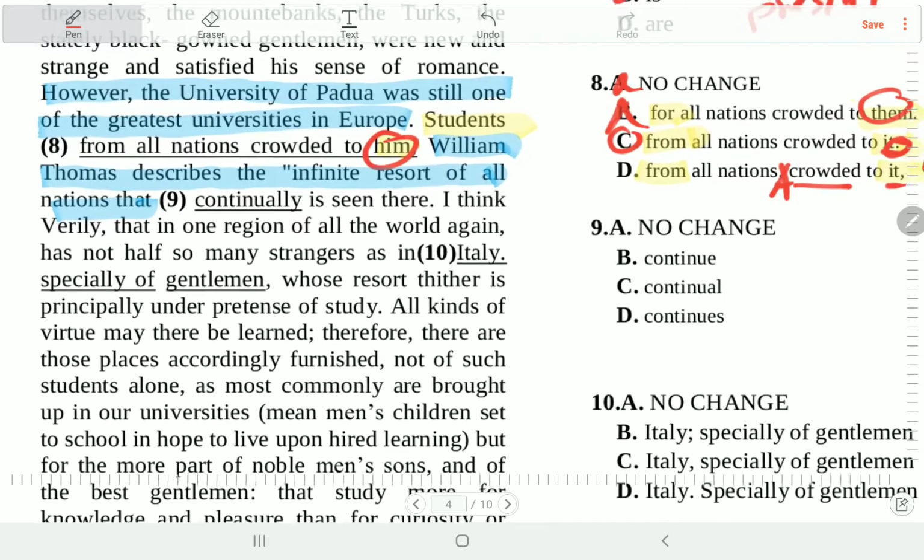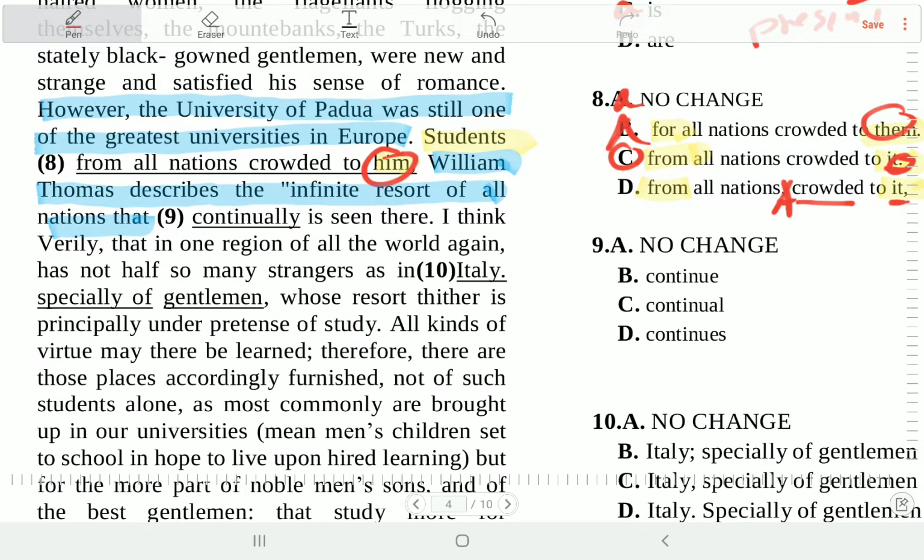Okay, next, number 9. So William Thomas described the infinite resort of all nations that continually is seen there. Kids, what is continually called? An adverb: adjective plus ly. What does an adverb modify? A verb, an adjective, or another adverb. Sometimes it modifies a whole phrase.